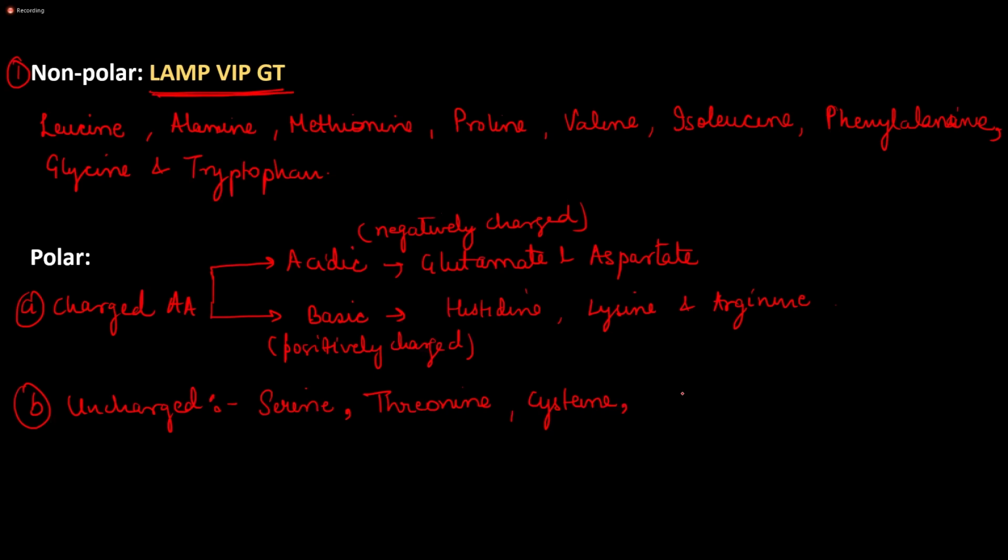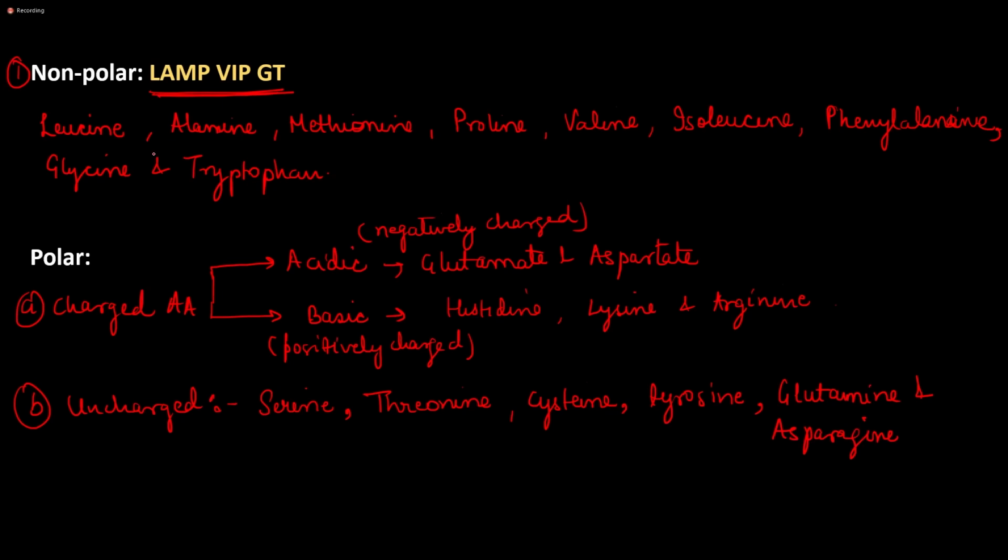Then we have one more hydroxyl containing, that is tyrosine. The amino acid will be polar, but they do not have any charge. Then we have amides, that is glutamine and asparagine.